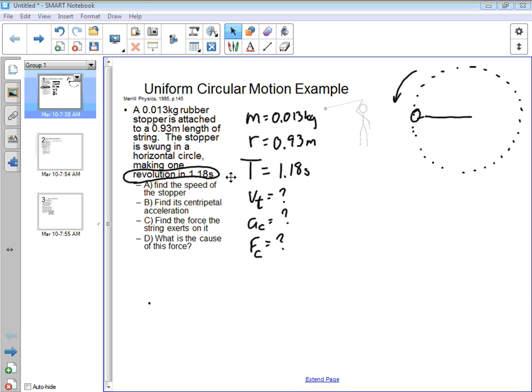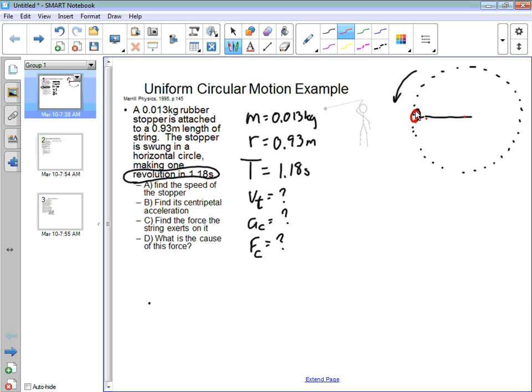Okay, so I always like to start off by drawing a nice picture. We already had our picture up here with the sidebar, but I am also including a visual right over here. So this right here is the ball, and we have the string here, and it's going around counterclockwise. So the ball is moving which way at this particular point?